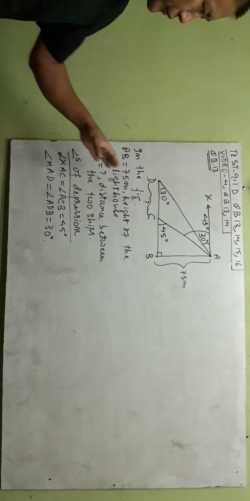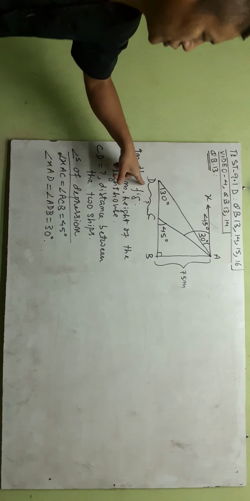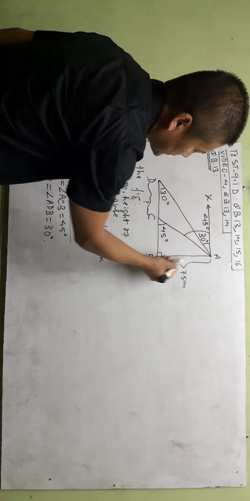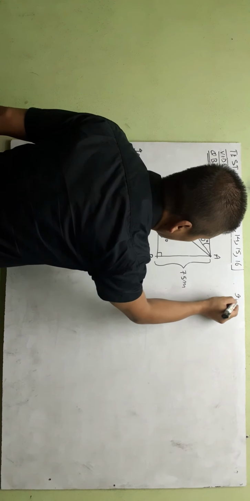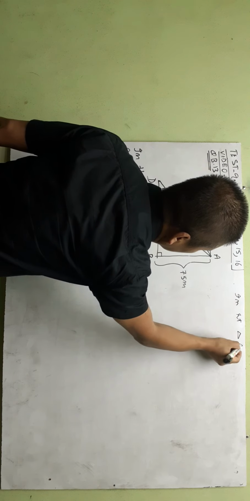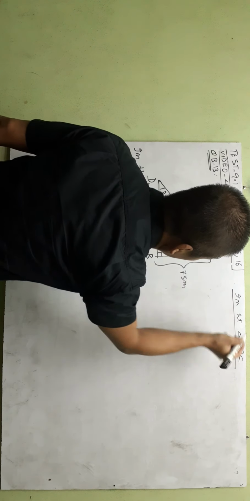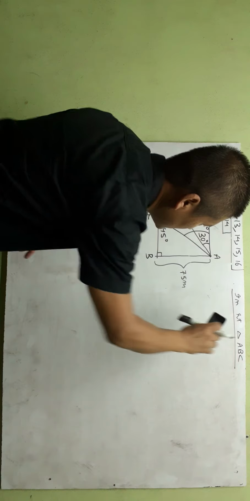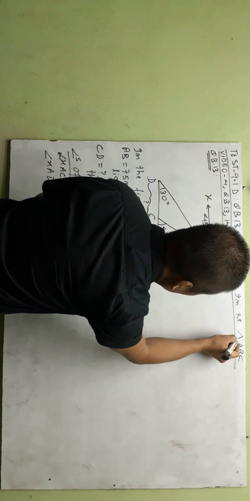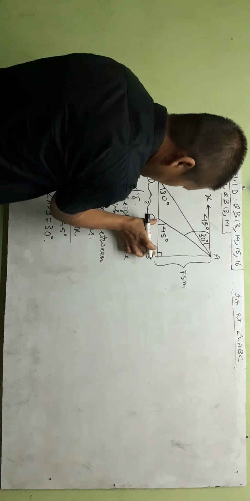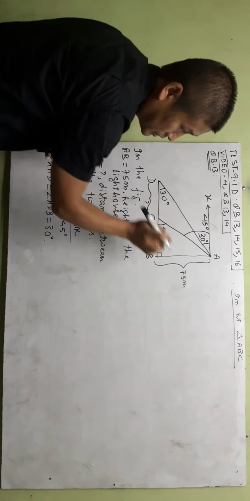So with this information, we have to find this CD, distance between the two ships. Let's take this first small right triangle. So in right triangle ABC, here we want to find BC because that's related to the distance between the two ships.